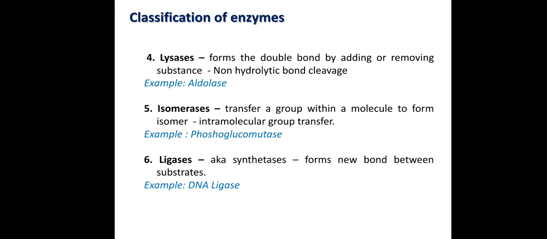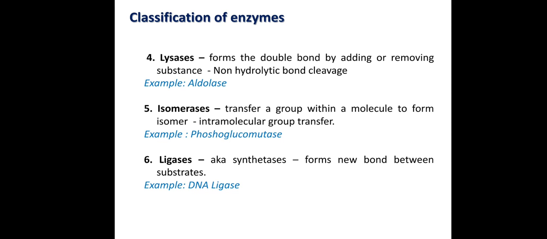Glucose 6-phosphate is converted into fructose 6-phosphate. Glucose and fructose are isomers, and here the conversion from one isomeric form to another takes place with the help of the enzyme isomerase.